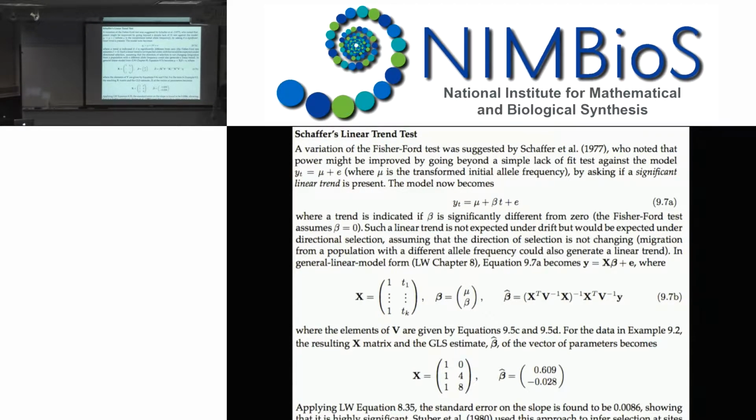So it's just another bit of supporting information that suggests your allele frequencies are not random, because number one, the divergence is too large, and number two, if the slope is significant, it's not only too large, but also a linear trend, and you'd expect a linear trend under selection in allele frequencies. You wouldn't expect a linear trend under drift. Okay? So those are kind of introductions to looking at allele frequency changes.